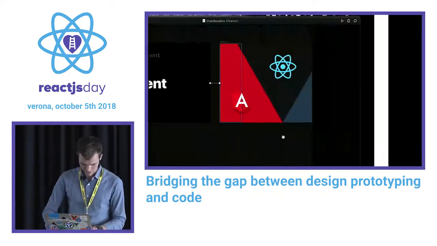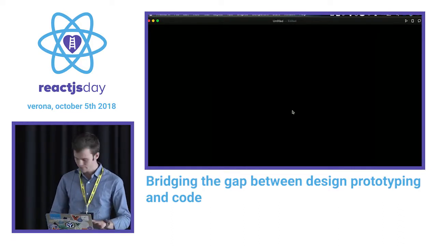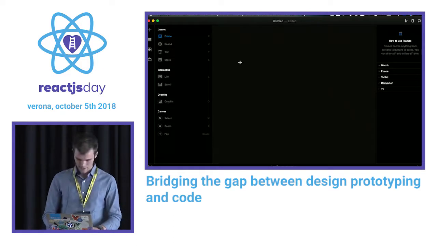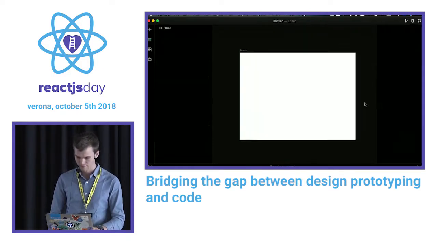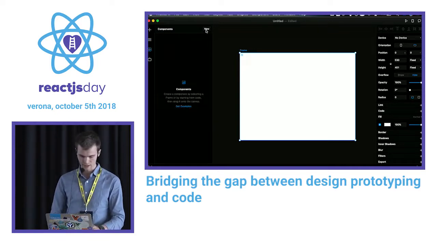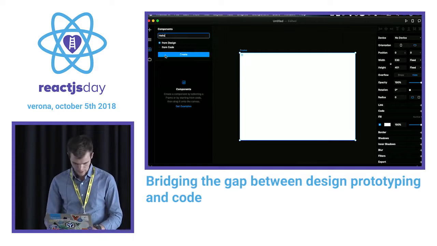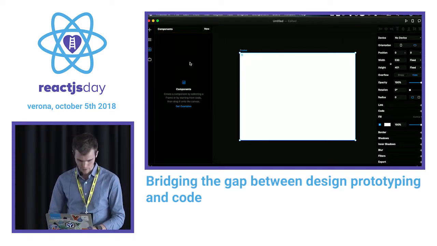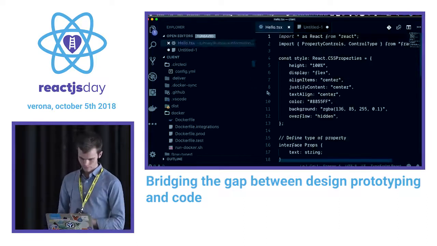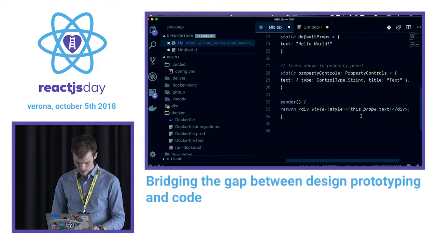Okay, I want to show you a quick demo because I like this so much. So this is Framer. And you can create canvases. And then you have a new button here called create component, and you can say hello, for example. You can create it from code, and it will open your code editor. And this is just a React component.